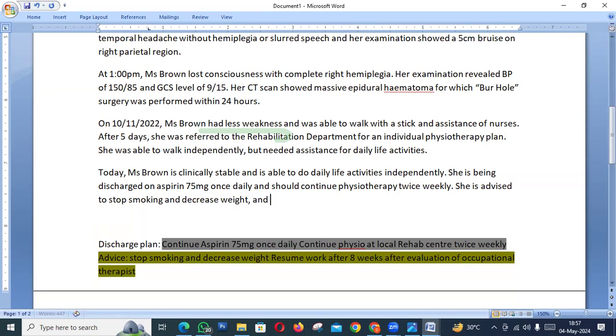I can even put a comma and, she should. I don't want to use advise again. She should resume her work after 8 weeks after evaluation of.